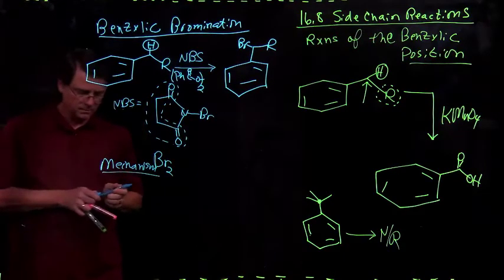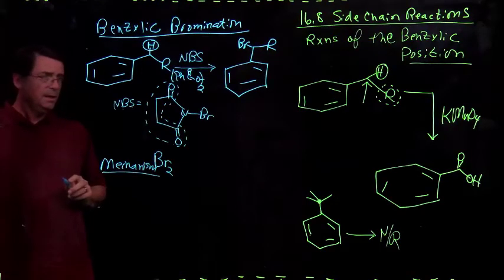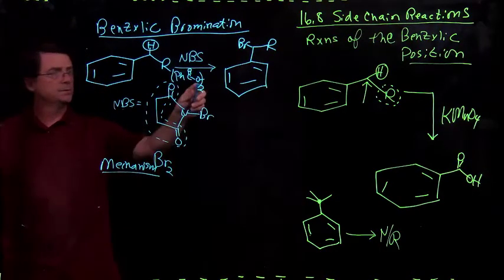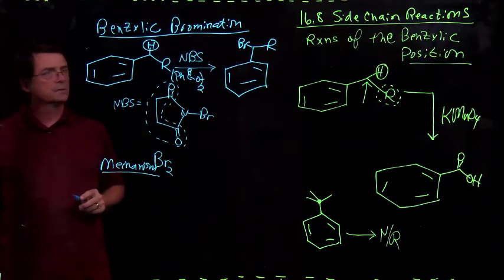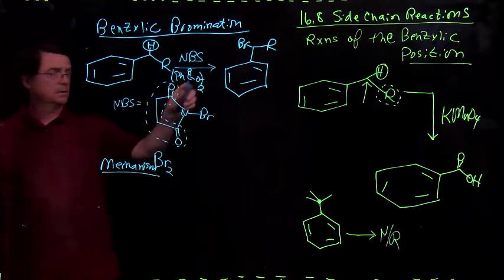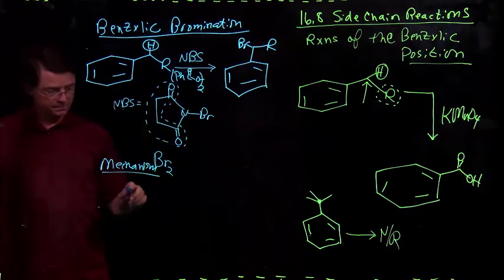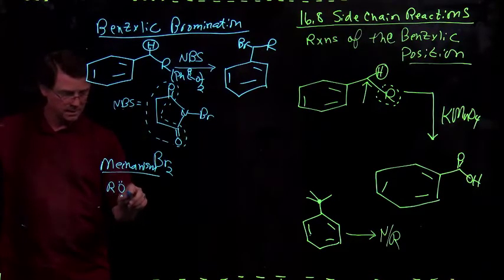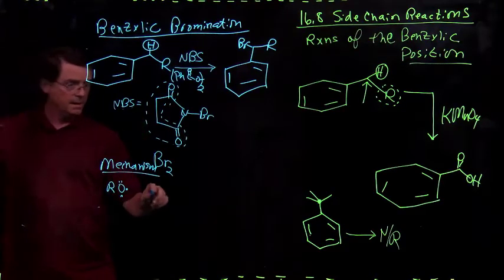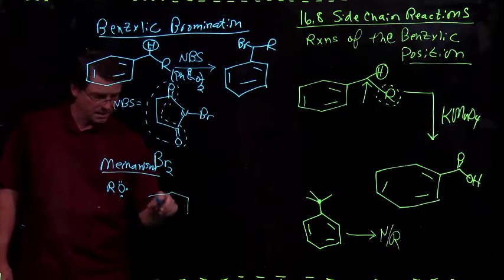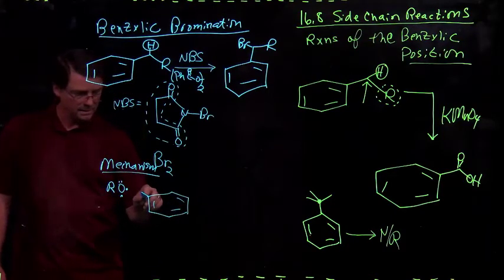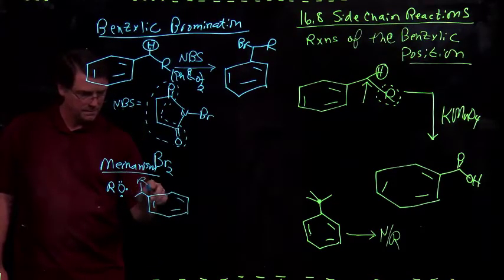All right, so in this reaction, we're going to generate a hydroxyl radical, or sorry, an oxygen radical, which I'm just going to illustrate as OR. It then abstracts that benzylic hydrogen.